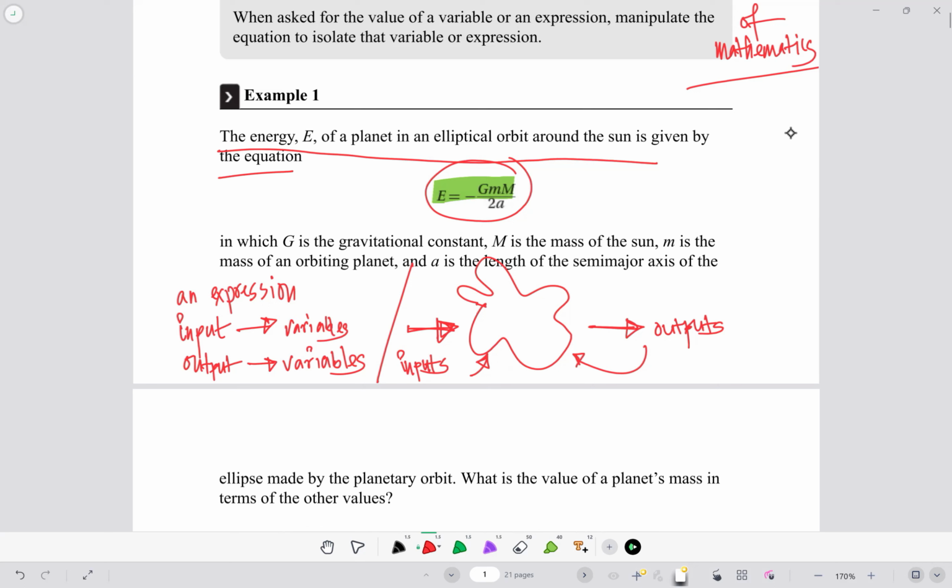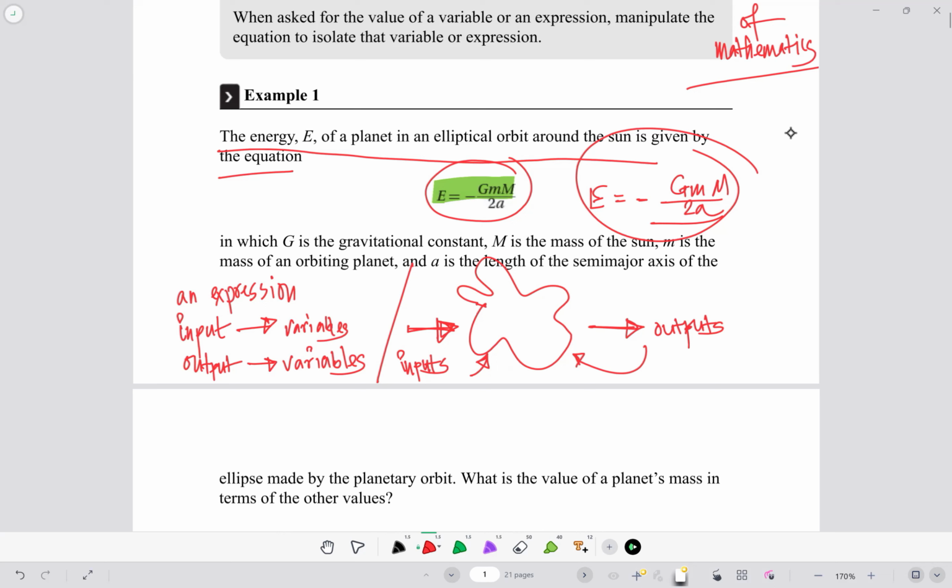The energy E of a planet in an elliptical orbit around the sun is given by the equation E equals minus G M m divided by 2a. Here all of the inputs are variables, each expressing an individual quantity or parameter.